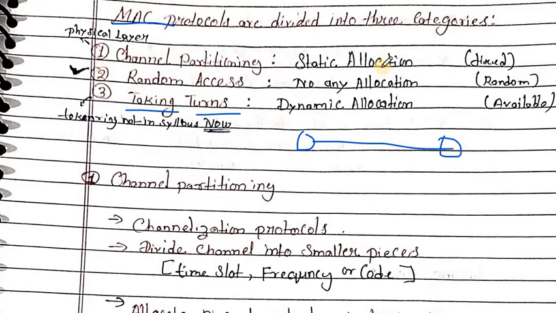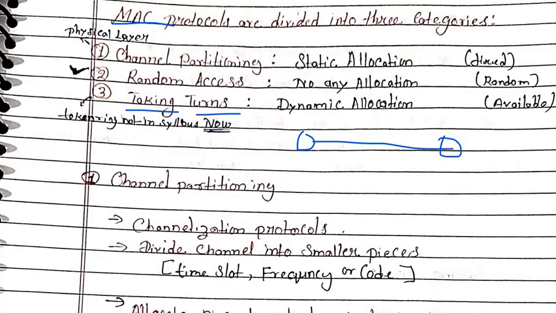In static allocation we fix the time for each host. At this time this host will transmit the data into the channel.